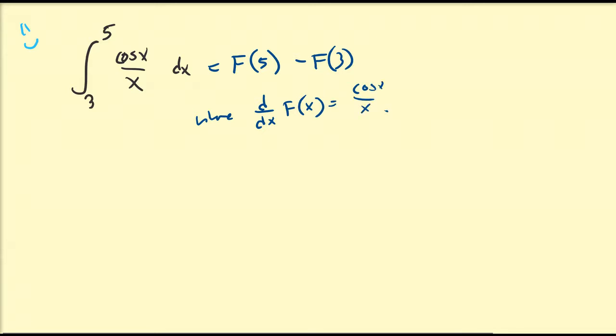But as one may be able to find, this function, capital F of x, does not exist in terms of elementary functions. Even though this answer does exist, we can't find it via the fundamental theorem of calculus. So in this video, we'll discuss how to use Taylor series of functions in order to find approximations for these answers.